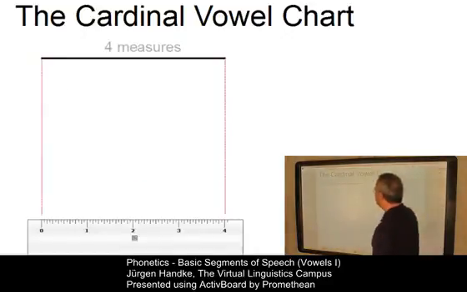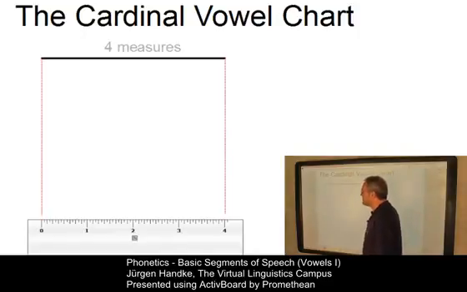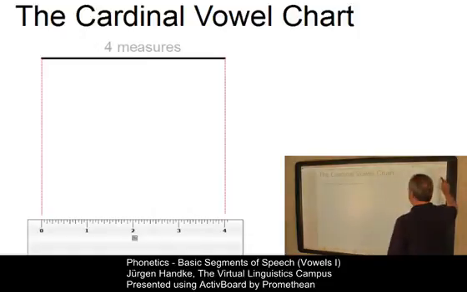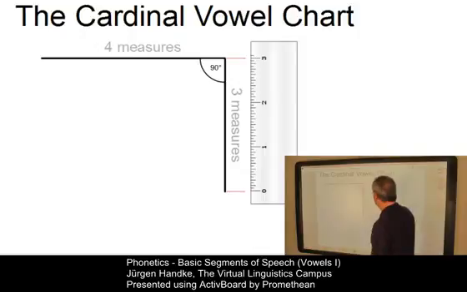First, we need a top line which is 4 measures in length, and it is drawn horizontally. Then we need a second line, which is the right hand vertical line, which is 3 measures in relationship to the 4 measures of the top line, and the angle between the 2 lines is 90 degrees.